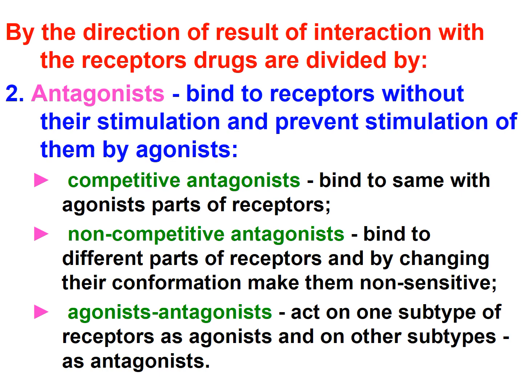They act on one subtype of receptors as agonists and on another subtype as antagonists. For example, we have alpha and beta adrenergic receptors, and some drugs may act as agonists for alpha adrenergic receptors and antagonists for beta adrenergic receptors at the same time.